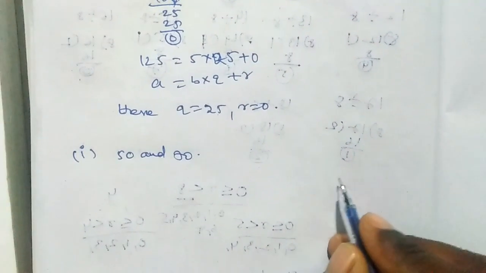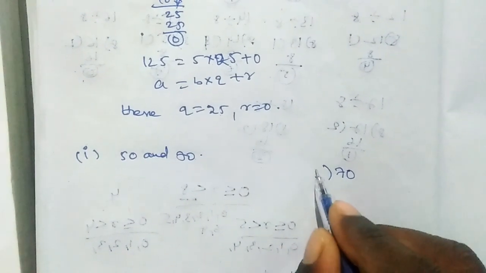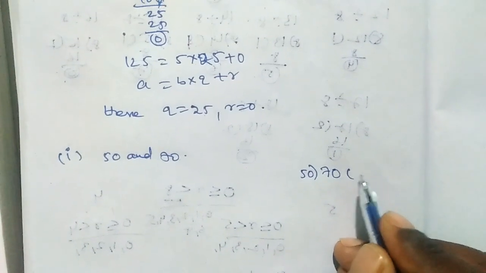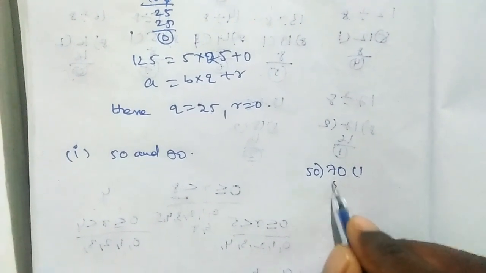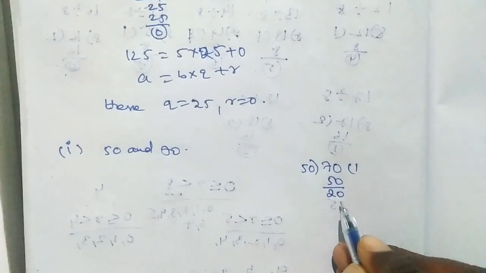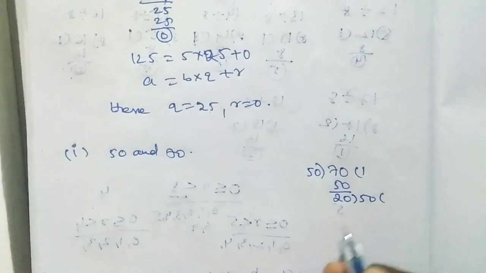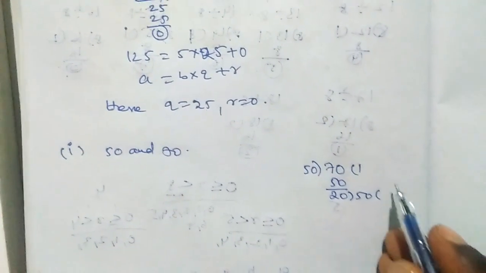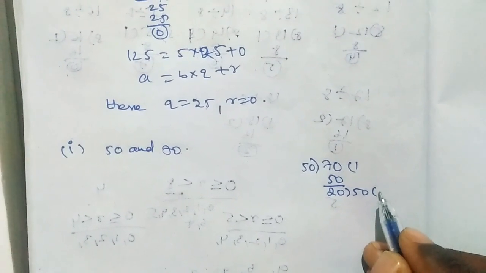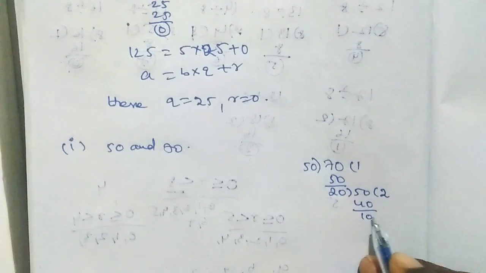So first of all, we divide 70 by 50. How many times? 50 ones are 50, 20 leaves. When we have a remainder, we write it as the divisor and do the division again. 20 twos are 40, 10 remainder.